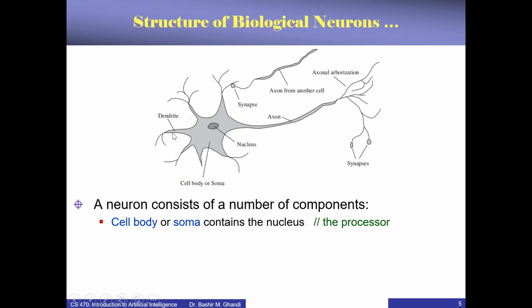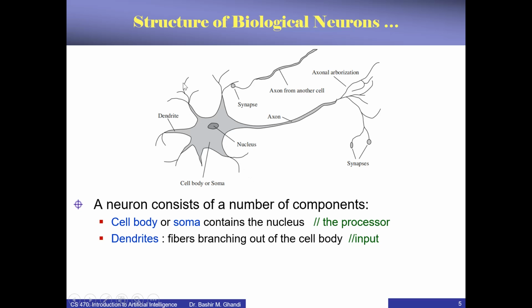Assuming this is a small computer, then the cell body, or what is sometimes called the soma, is actually the main processing element. Now, branching out of the cell body are what are called dendrites. So these little fibers that you are seeing going out of the cell body, they are called dendrites.